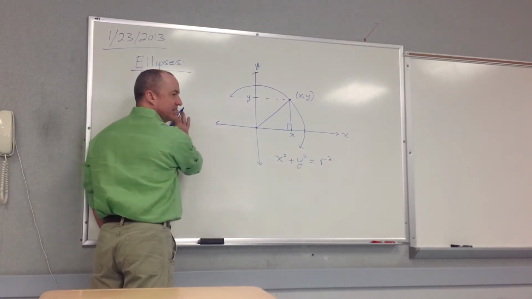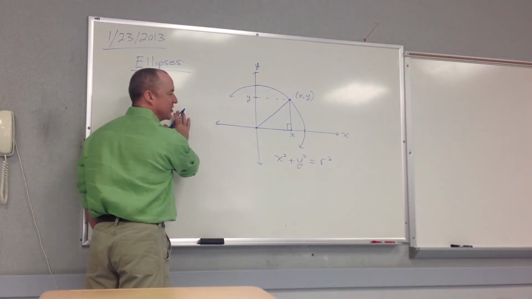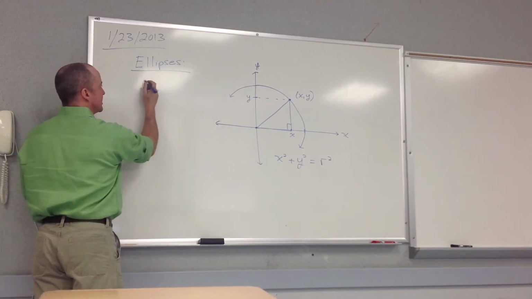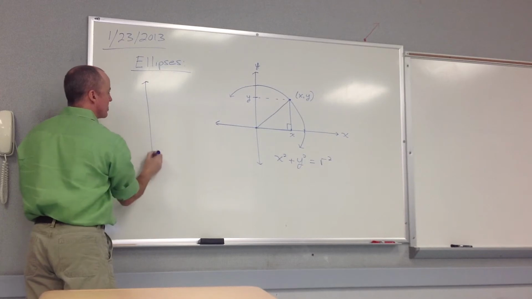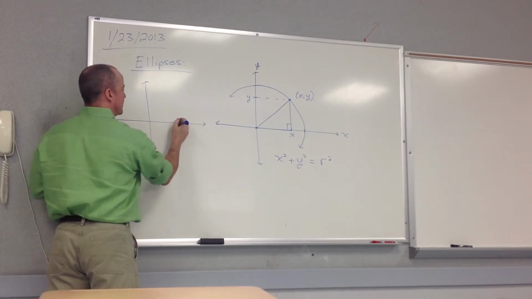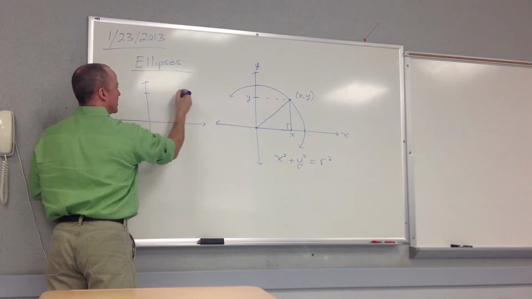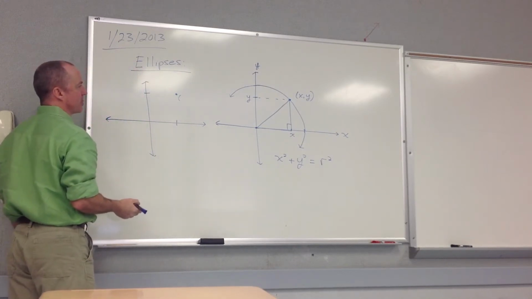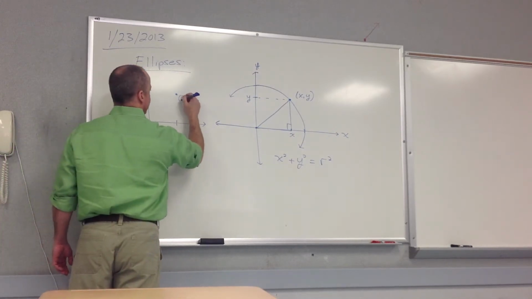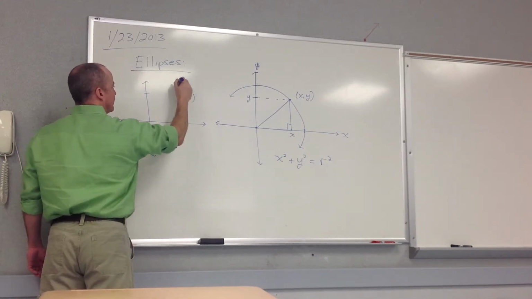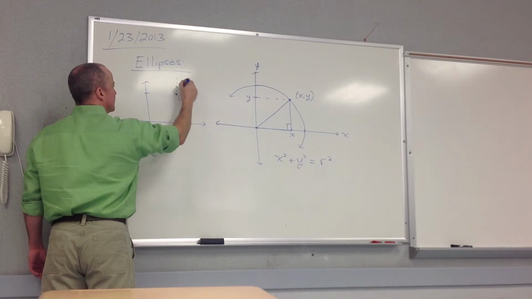What if the circle is not centered at the origin then? What if the circle is centered somewhere at some point, and I'm going to call this point K, H. So here's a circle sitting on the Cartesian plane.